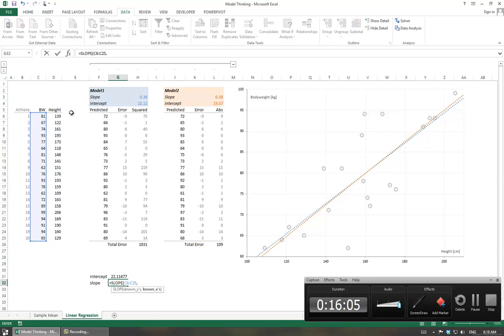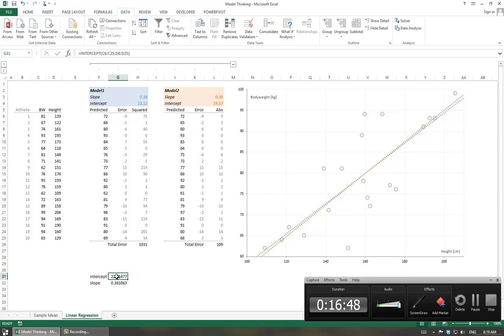And as you can see, the numbers of the intercept and the slope are the same as we got from trying to fit the model into a data set, just a different way of thinking. That's why it's so interesting. So we get the same numbers by using the optimization way of thinking, just trying to fit a certain model into our data set and trying to minimize the error. As you can see, 0.36, 0.36, and 22 for the intercept.